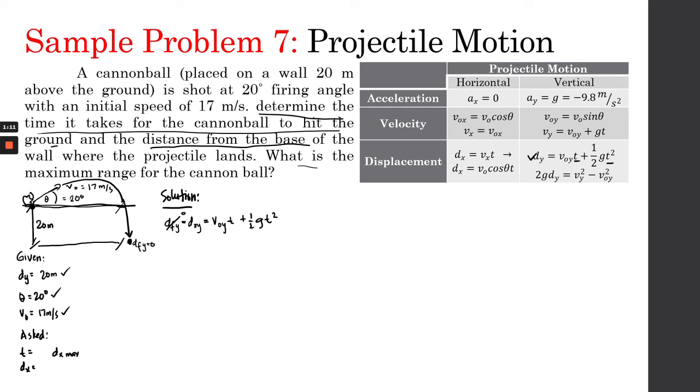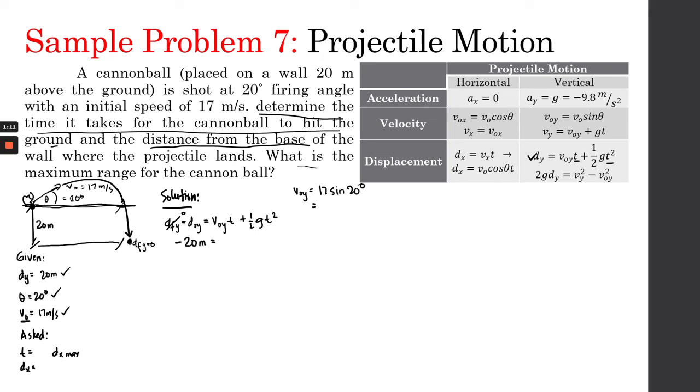So that should be negative 20 meters is equals to yung VOY. We should first solve for VOY kasi ang ginigay sa atin is initial velocity, but this is not VOY. To solve for VOY, we should take the initial velocity, the magnitude, 17, multiplied by sine of the angle.